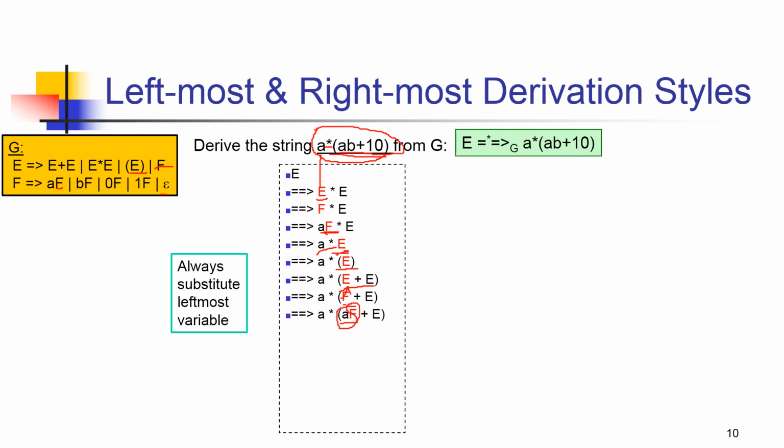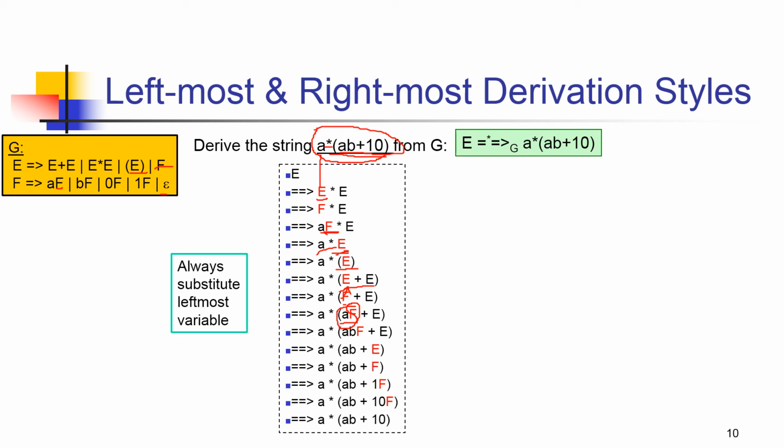Now F and E, the leftmost one is F. Similarly, let's try to derive this thing. Now you can see that each and every time I had picked the leftmost variable.